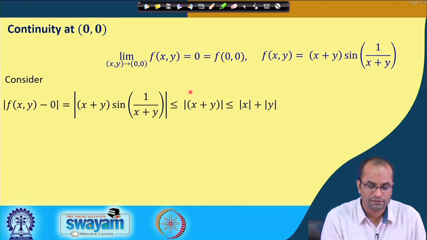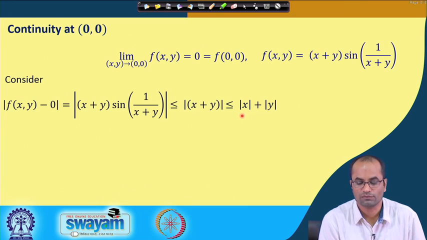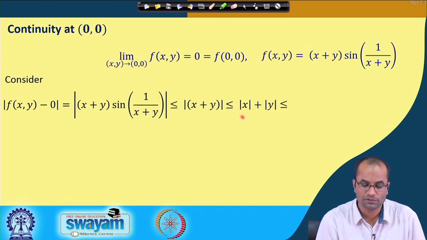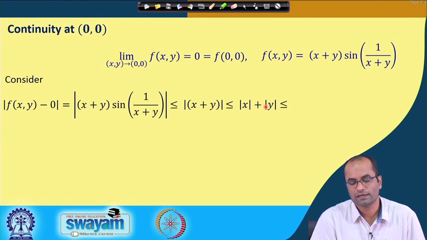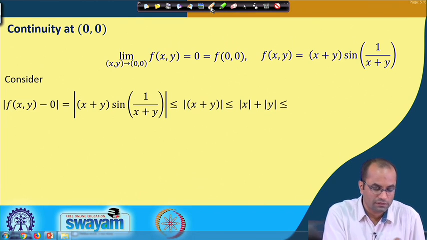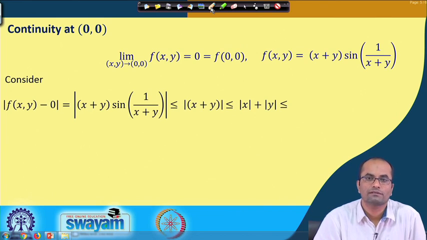Again we know also this result, the triangle inequality, that the absolute value of x plus y will be less than or equal to the absolute value of x plus the absolute value of y. And now, we will make a calculation here to estimate this absolute value of x plus y in terms of the neighborhood. If you remember, we need to set this inequality in terms of the neighborhood, so that we can get the relation with delta and epsilon.